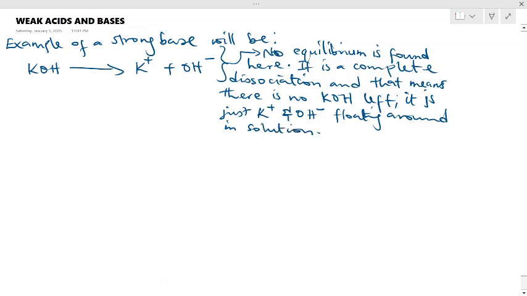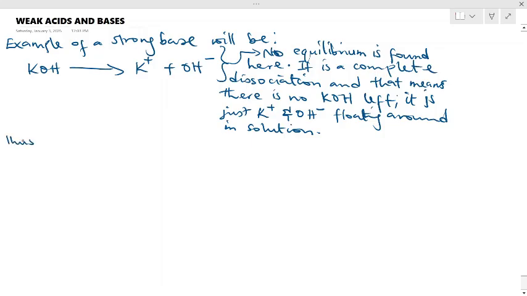So thus, if a strong base produces hydroxide ion directly, it therefore means a weak base produces hydroxide ion indirectly.